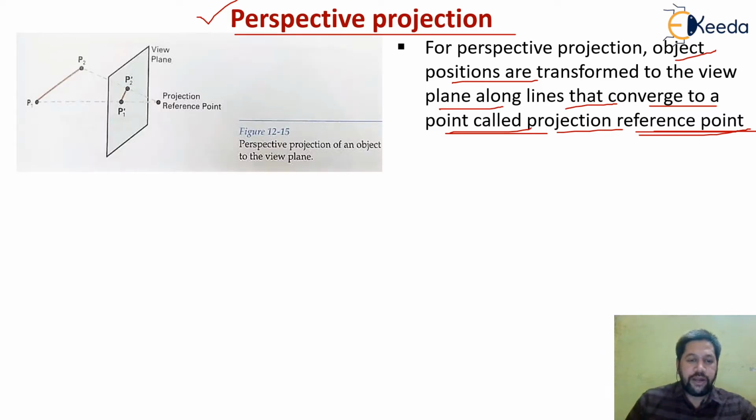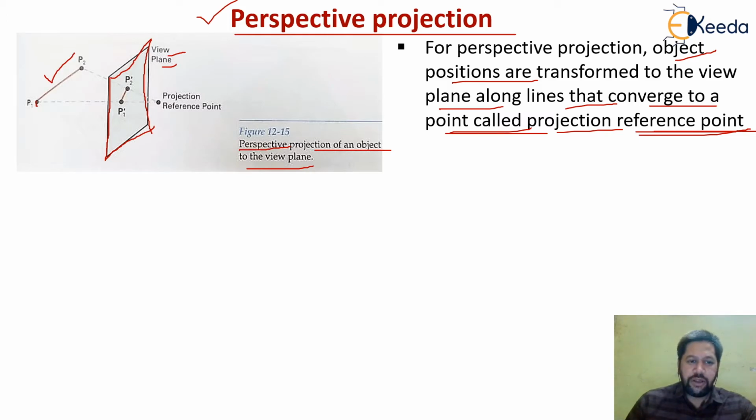Just look at the diagram. This is my perspective projection of an object to the view plane. This is my view plane, which you can find here in this diagram. Now this is my actual line, with points P1 and P2. But I am not taking parallel lines.